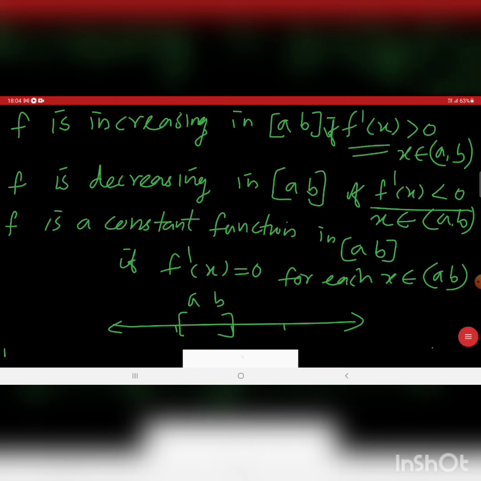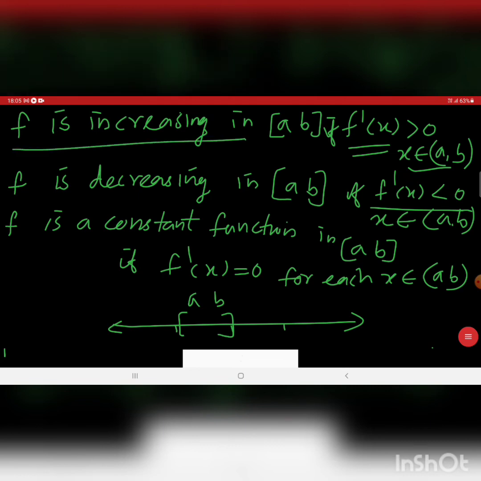That is, if the derivative of the function is greater than 0 for each x belongs to AB, then the function is increasing in that interval. Same way, if f dash x is less than 0, then the function is decreasing in that interval. And if f dash x is equal to 0 for each x belongs to AB, then the function is a constant function.